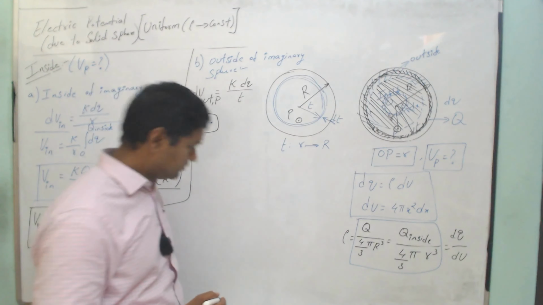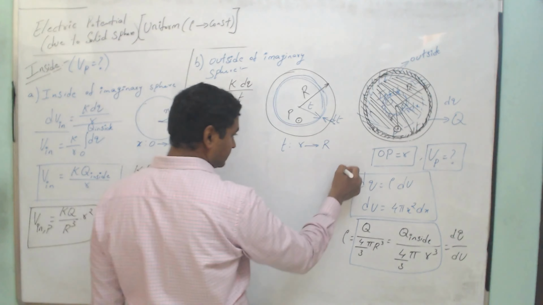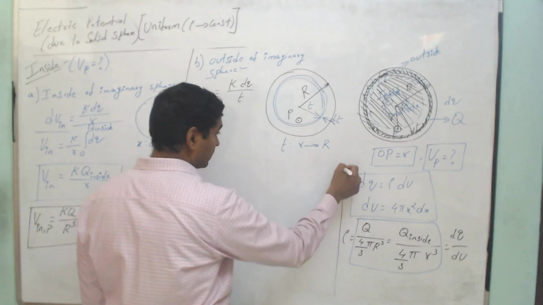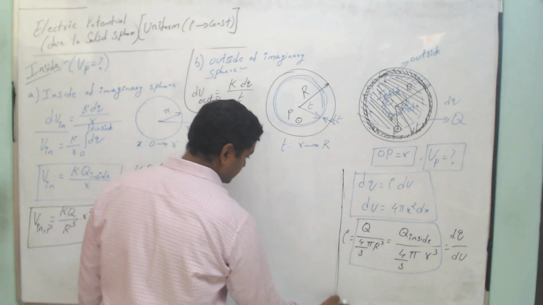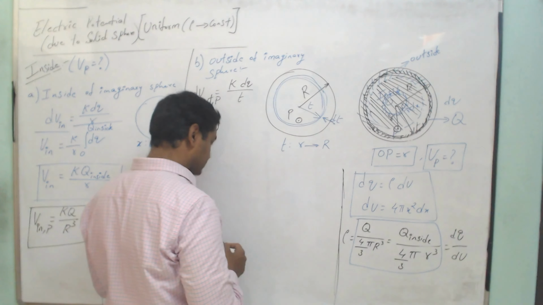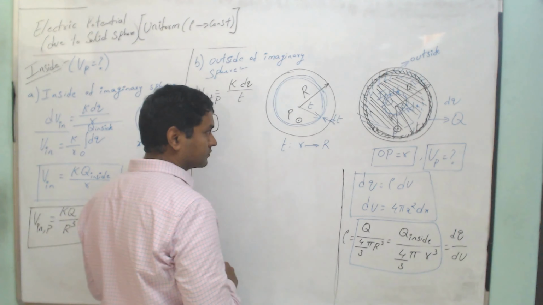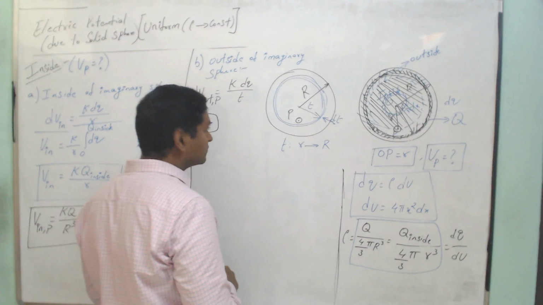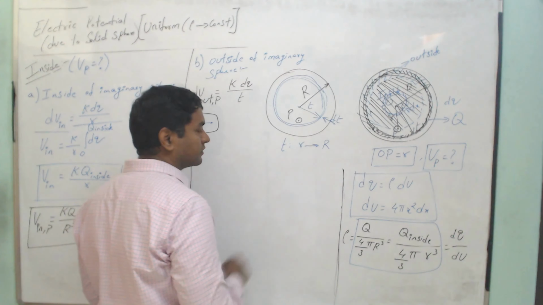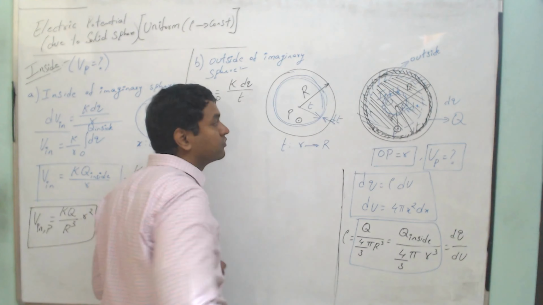Sir, but the arrows which we took, shouldn't they be in the opposite direction? Which arrow? Like the direction of t, you took it from the center to its radius, so radius will start from center.